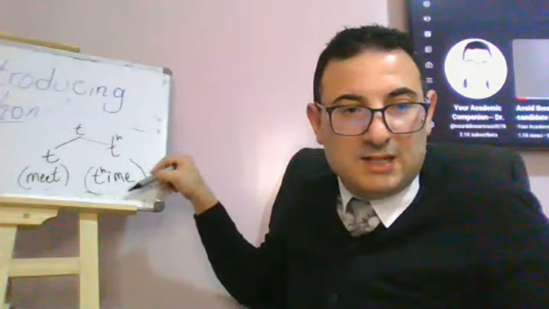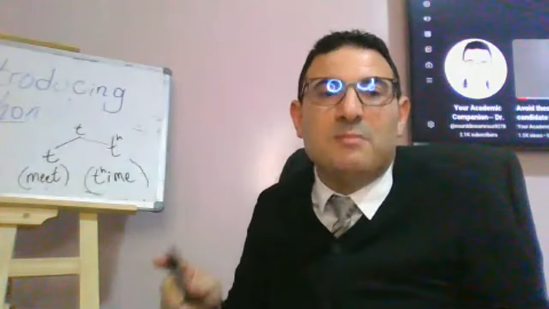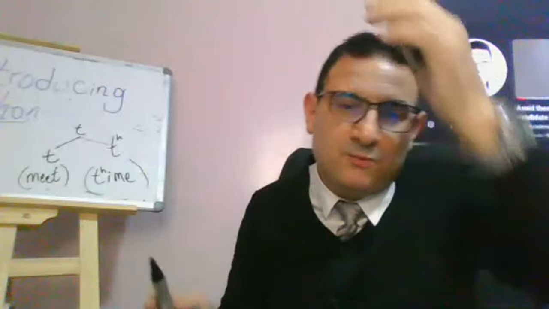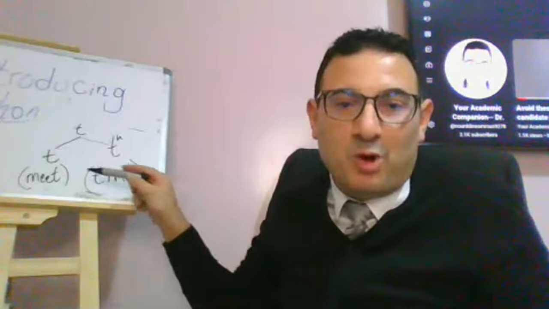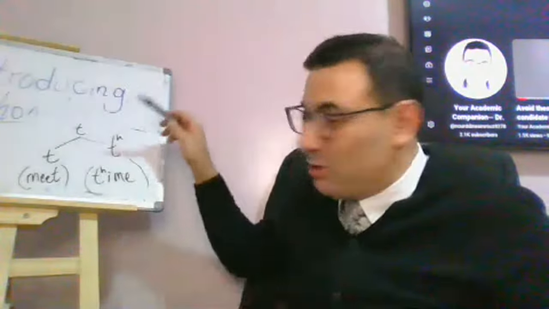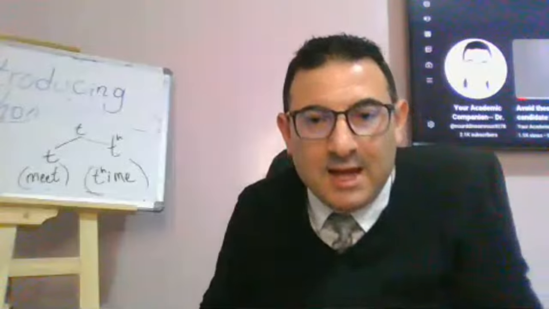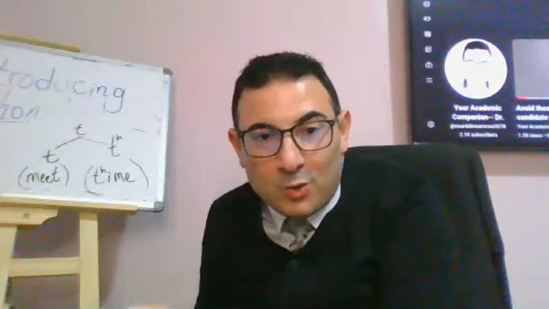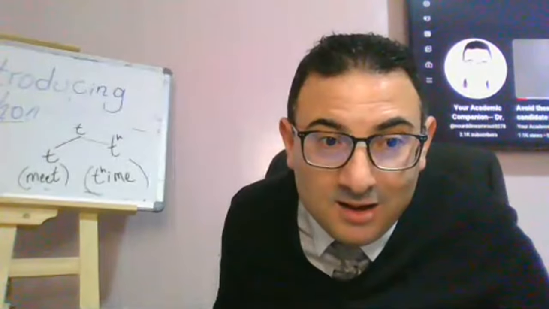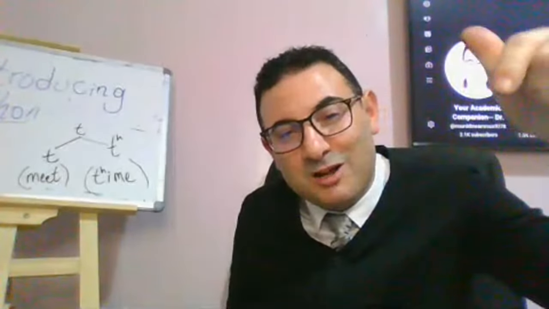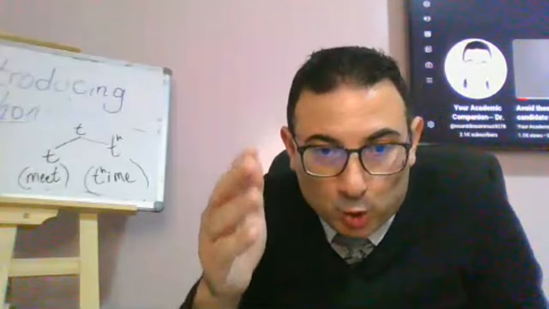I am not using the IPA yet, I'm just using this to show for you, for those who would like to understand, to have no problem in understanding this. So I conclude, given the fact that we can say time and meat, we notice that t is necessarily pronounced as aspirated t if it occurs syllable initially before a strong vowel. And it is pronounced as a normal t elsewhere.